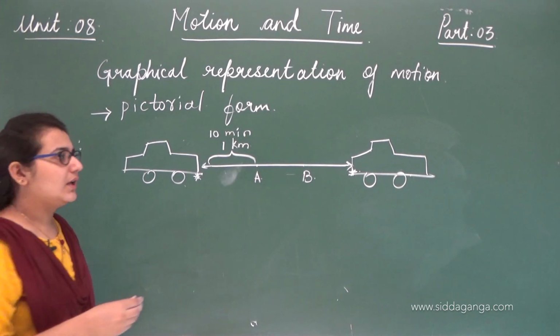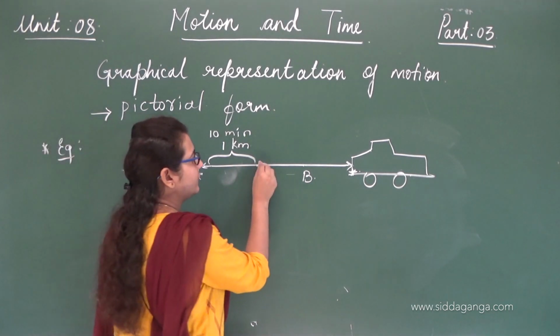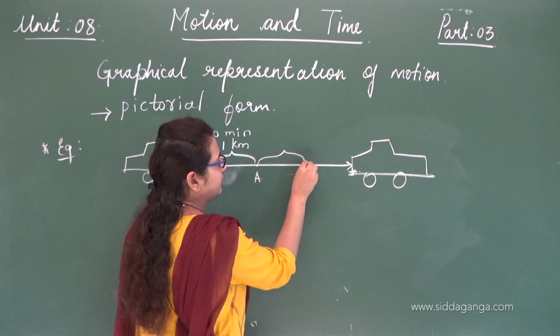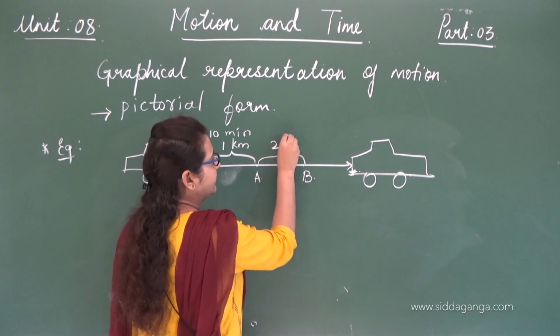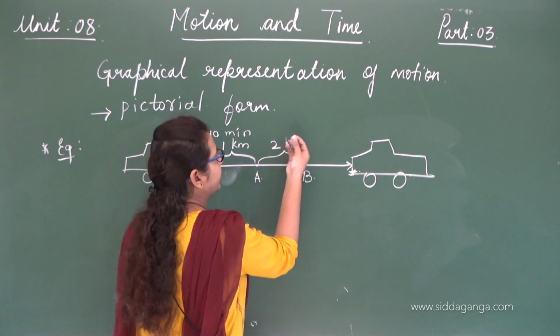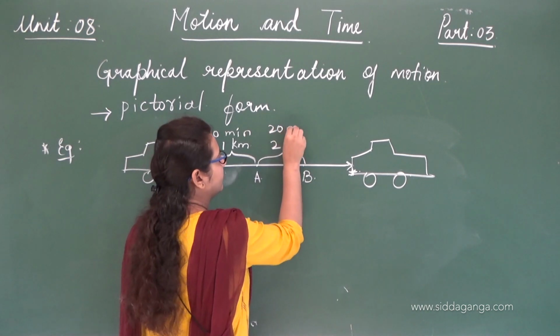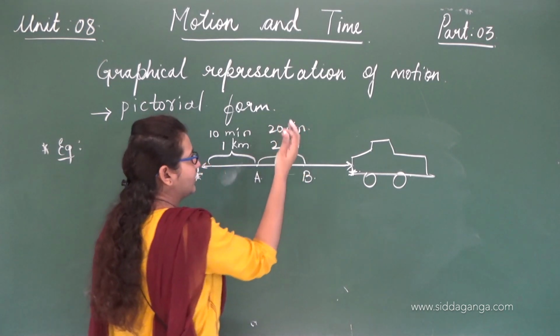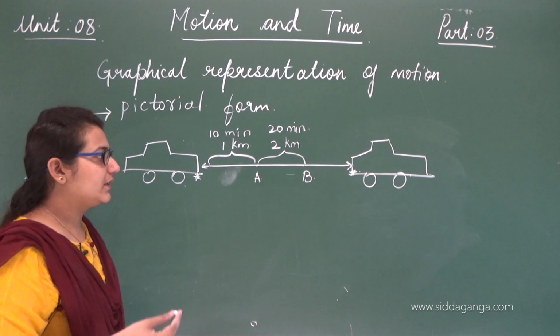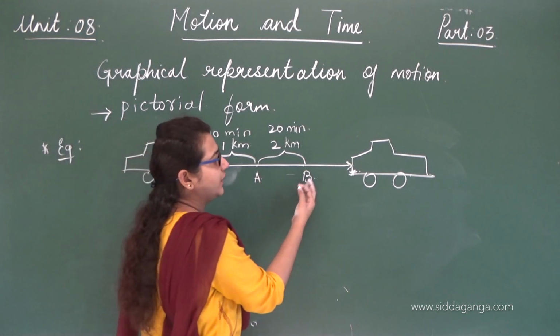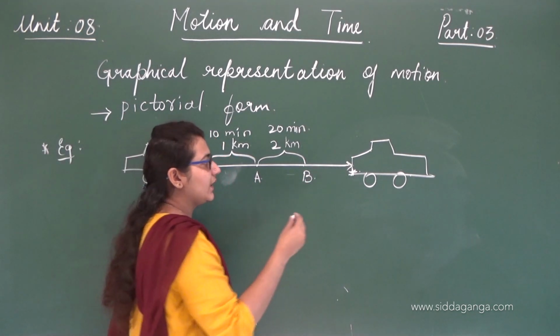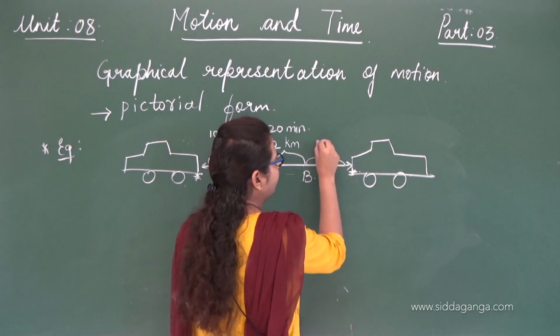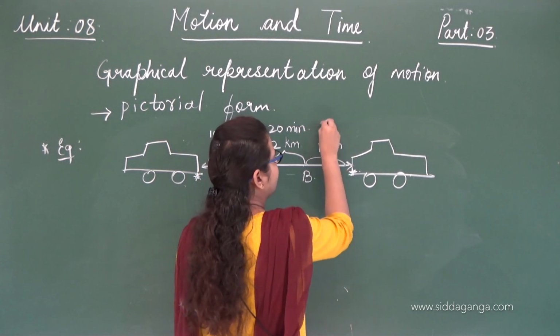Again, to reach from A to the next position B, it has covered some 2 kilometers, say around 20 minutes. I'm just taking some random values. And again to reach from the point B to the end of the journey, it takes 1 kilometer only in some 5 minutes.